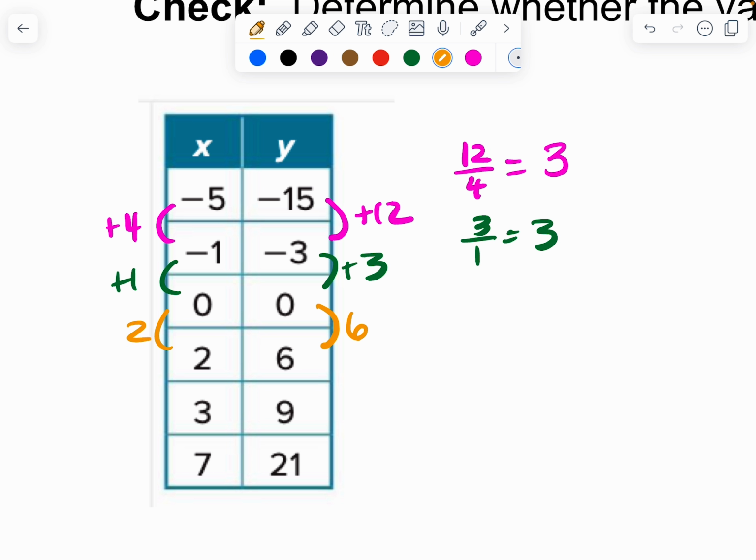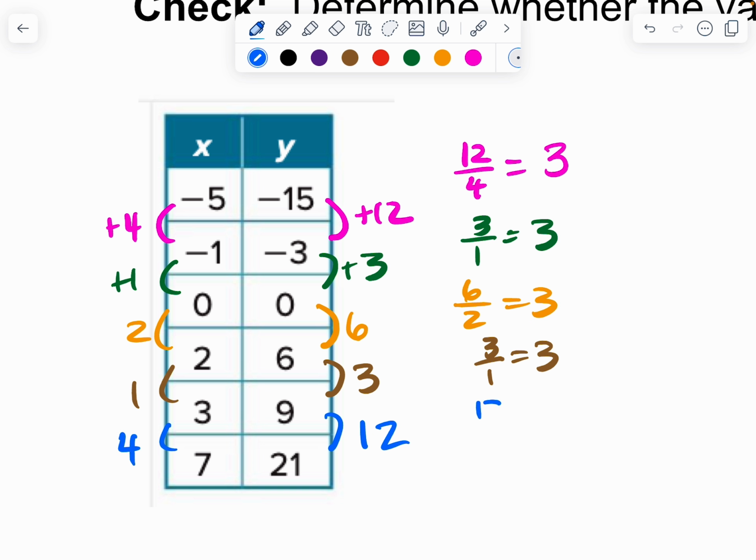This went up by 2. So 6 over 2 equals 3. This went up by 3. This went up by 1. So 3 over 1. This went up by 12. This one up by 4. So 12 over 4 gets 3. They have a constant rate of change, so this is linear.